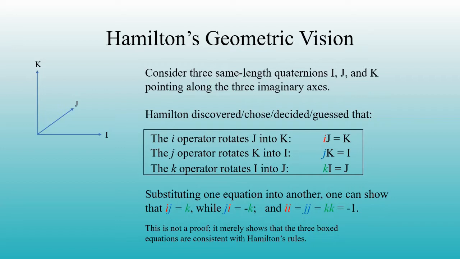Likewise, the j operator rotates k into i, and the k operator rotates i into j. By substituting one equation into another, you should be able to convince yourself that this geometric interpretation is at least consistent with the 9 multiplication combinations of i, j, and k I showed on the previous page. It's not a proof, it's just showing that they're consistent. Okay, that's the geometric vision.